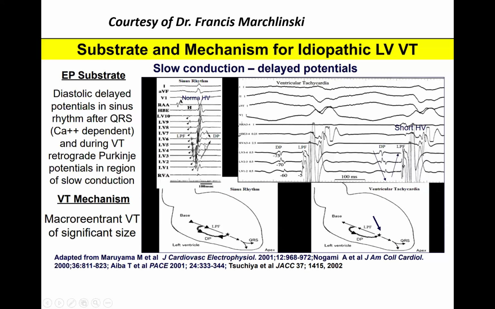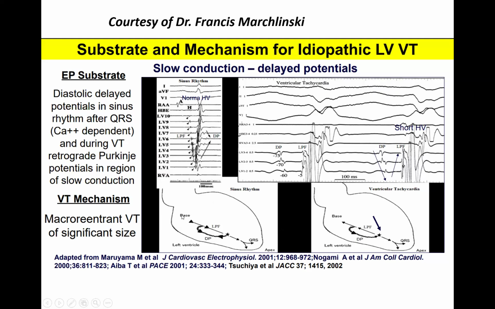As you see here, this is Dr. Nogami's paper, and as I showed you earlier, the diastolic potential is here. During sinus rhythm, the impulse propagates from the left atrium, so from the base side of the left ventricle.